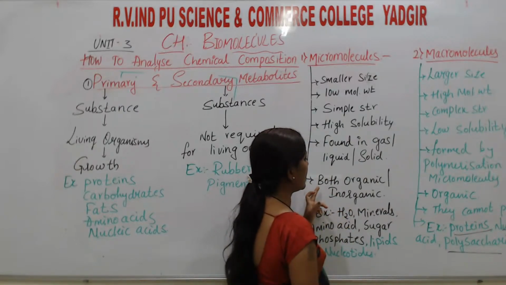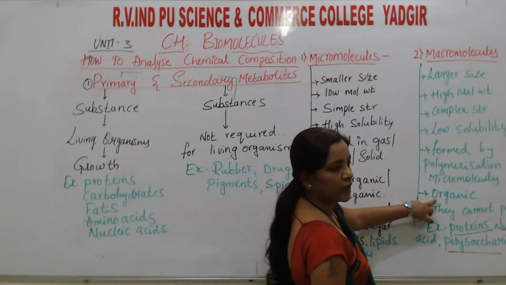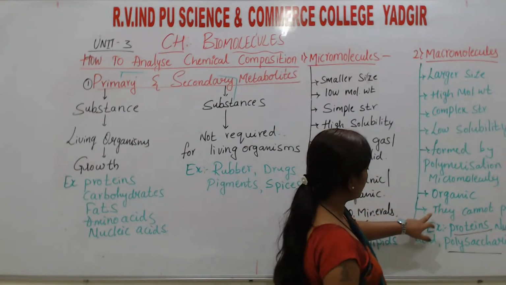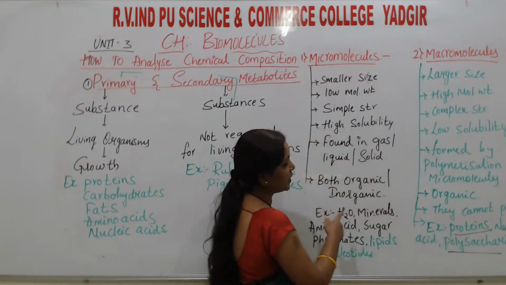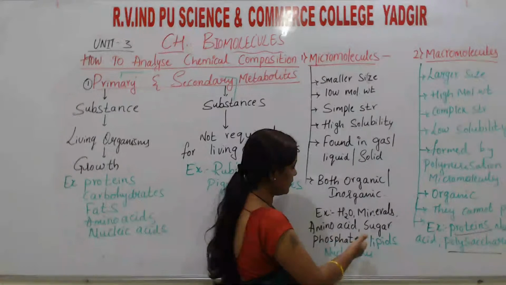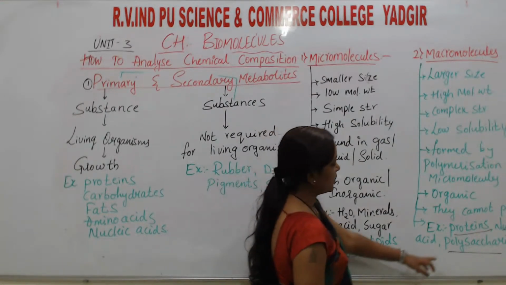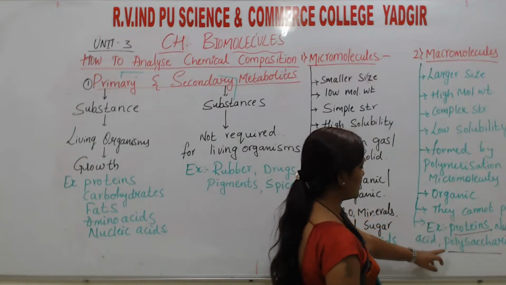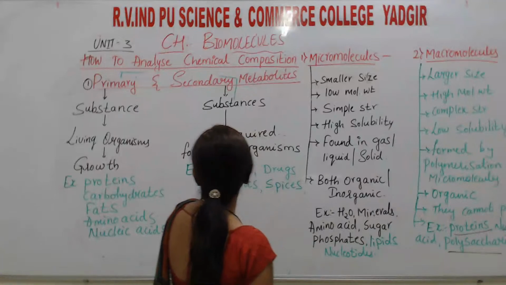Micromolecules may be organic and inorganic, while macromolecules are particularly organic. Macromolecules cannot pass the cell membrane, while micromolecules such as water, minerals, amino acids, sugar, and phosphate easily pass the cell membrane. Macromolecules are proteins, nucleic acids, and polysaccharides.